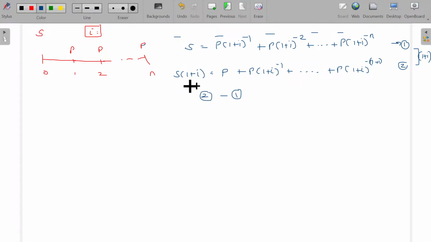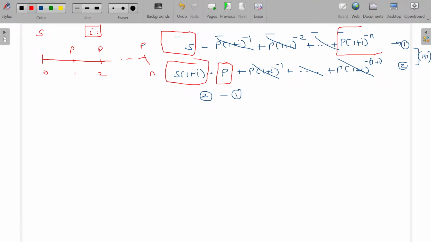So the ultimate value being, the first and second terms cancel, second and third cancel, the last but one and last cancel. From this it is very clear that the first term of the second equation and the last term of the first equation remain uncancelled.